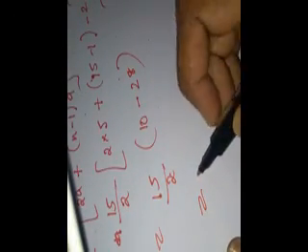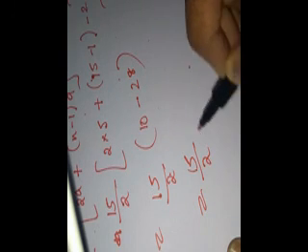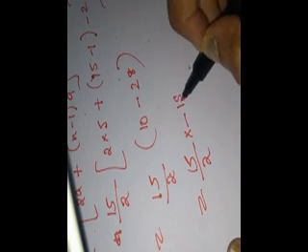So when you simplify, 15 by 2 into 10 minus 28, that is equal to 15 by 2 into minus 18, which is equal to minus 135, your answer.